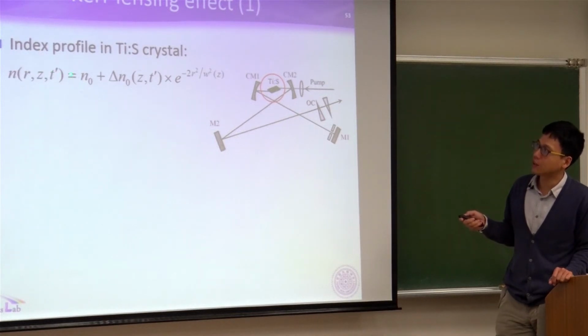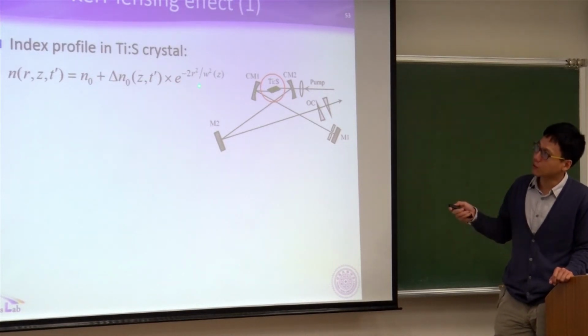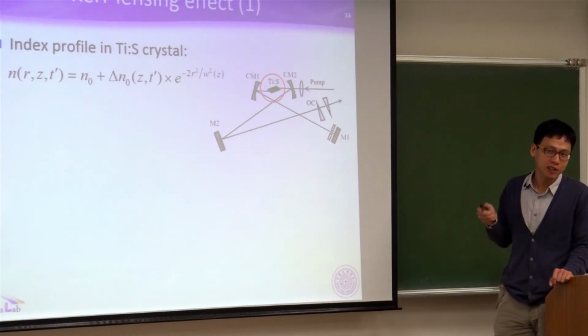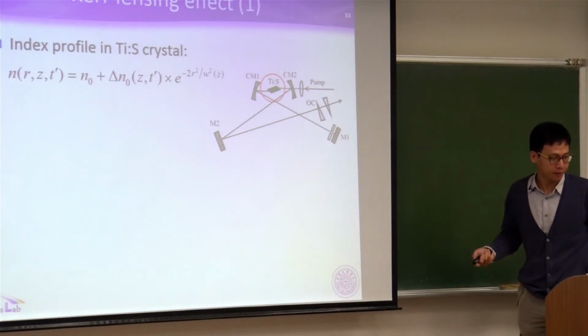It's the linear index n0 plus the on-axis index change times a Gaussian profile, because the light intensity is also the on-axis intensity times a Gaussian profile, and the index change n2 times I has to be proportional to the intensity distribution. Okay?